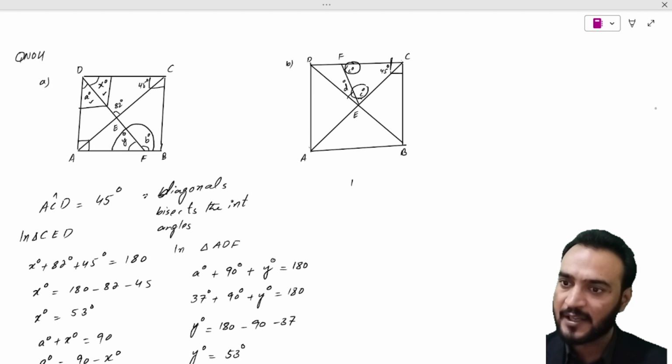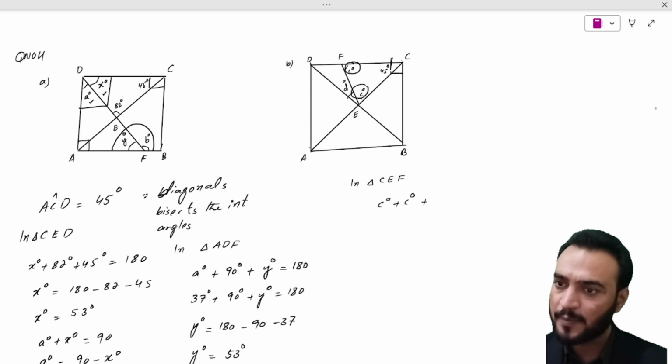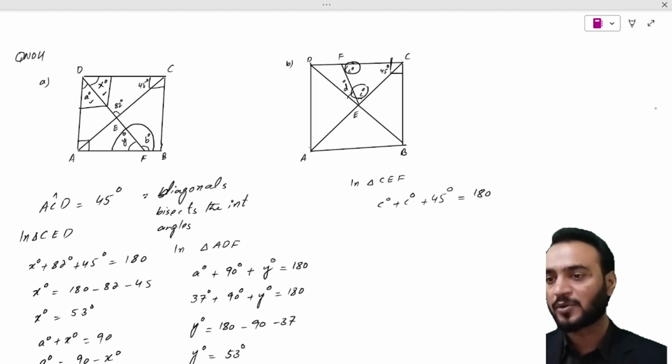So in triangle CEF, c degrees plus c degrees plus 45 degrees is equal to 180 degrees, as the interior angles of a triangle sum up to 180 degrees.